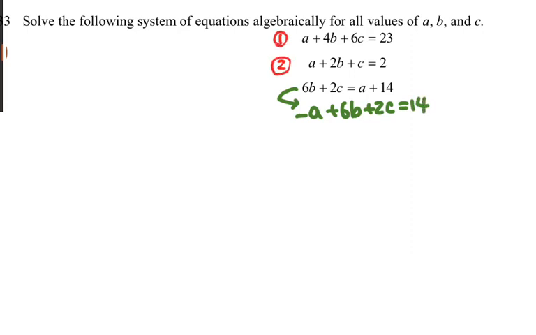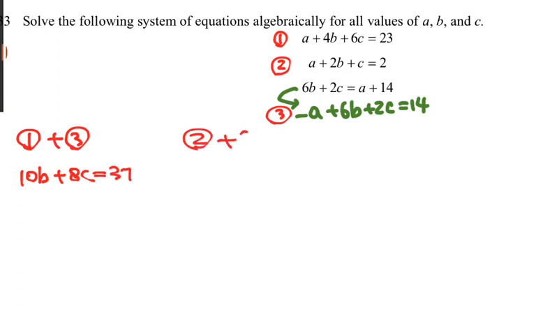Now, if I number all three equations, because of the negative a here, I want to combine the first and third equation. Then we get to cancel out the a's. Our purpose is to get rid of one variable first. The easiest one in this case is a, so that's why we are adding the first and third. Then we get 10b plus 8c equals 37.